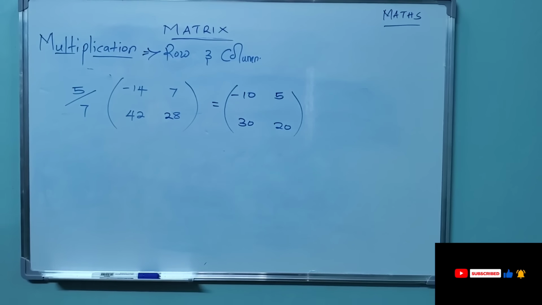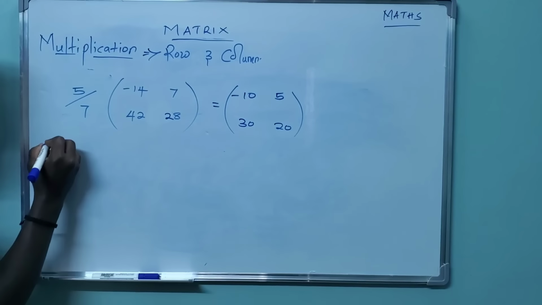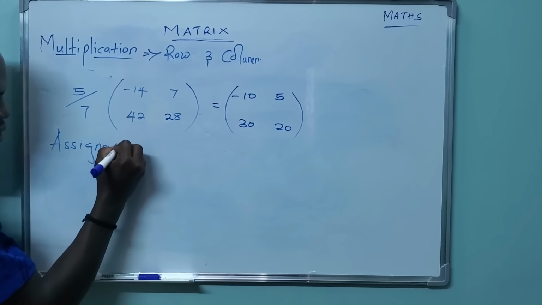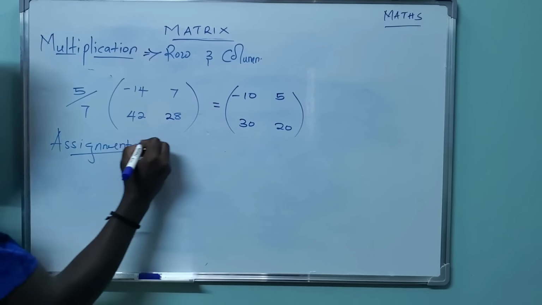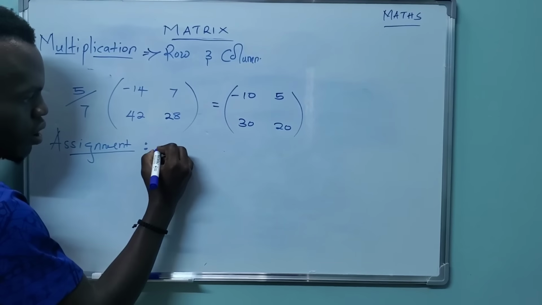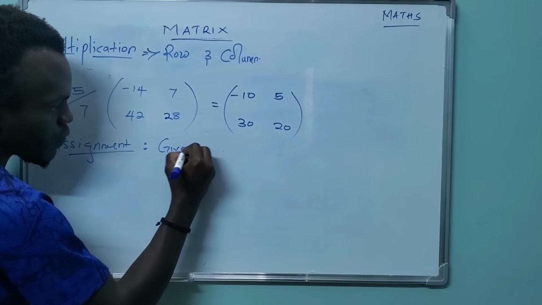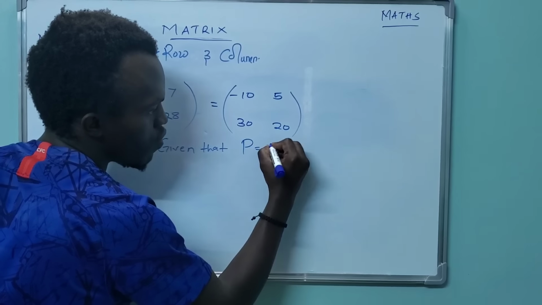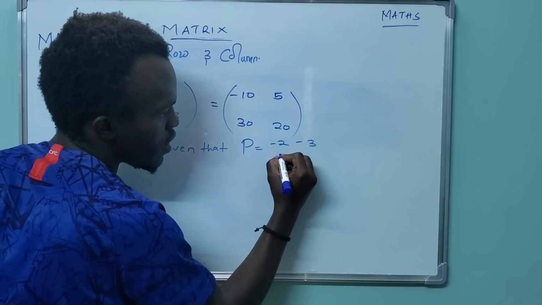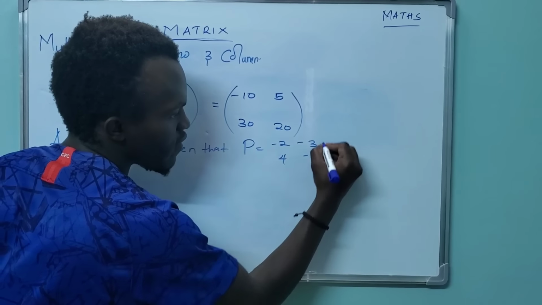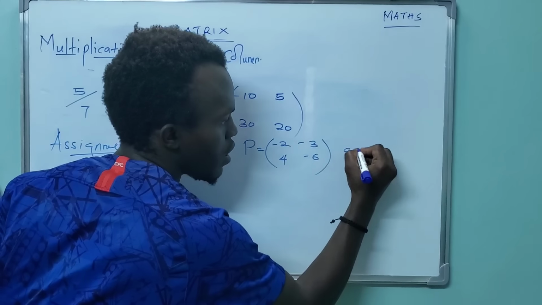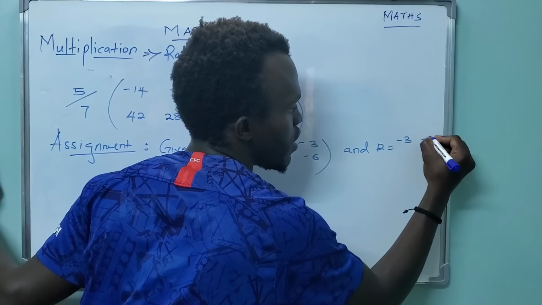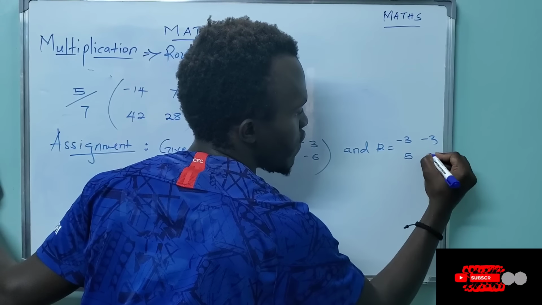So with that, I want you to try this as your assignment. I'll only give you one question as assignment. So you've been told, given that P equals negative 2, negative 3, 4, negative 6, and R equals negative 3, negative 3, 5, 2.